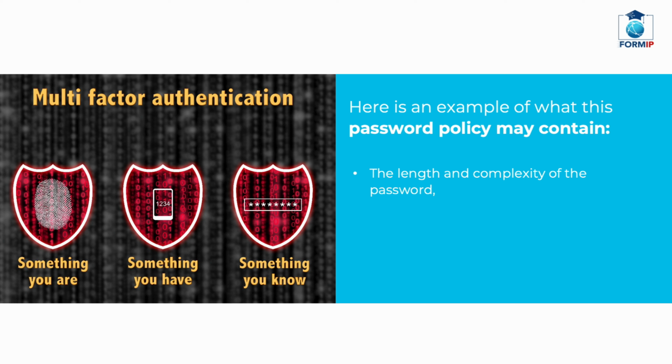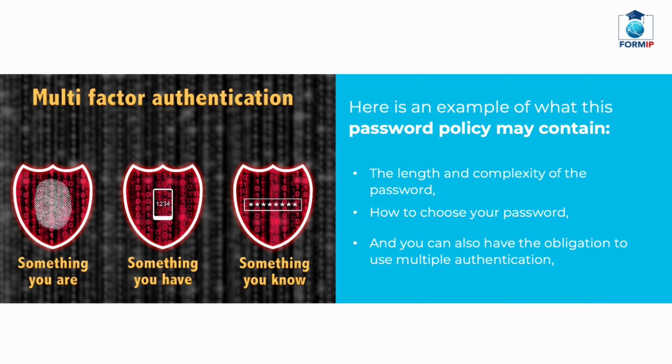For example, a length of 12 characters containing at least one uppercase, one number, and one special character. How to choose your password. That is to say, to avoid a sequence of numbers that repeat or follow each other, such as 1, 2, 3, 4, for example. And you can also have the obligation to use multiple authentications. For example, password and email validation.